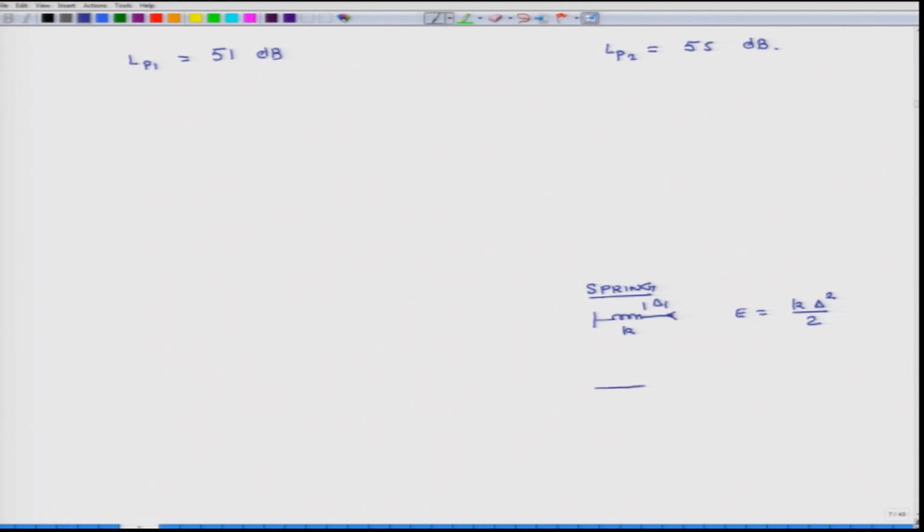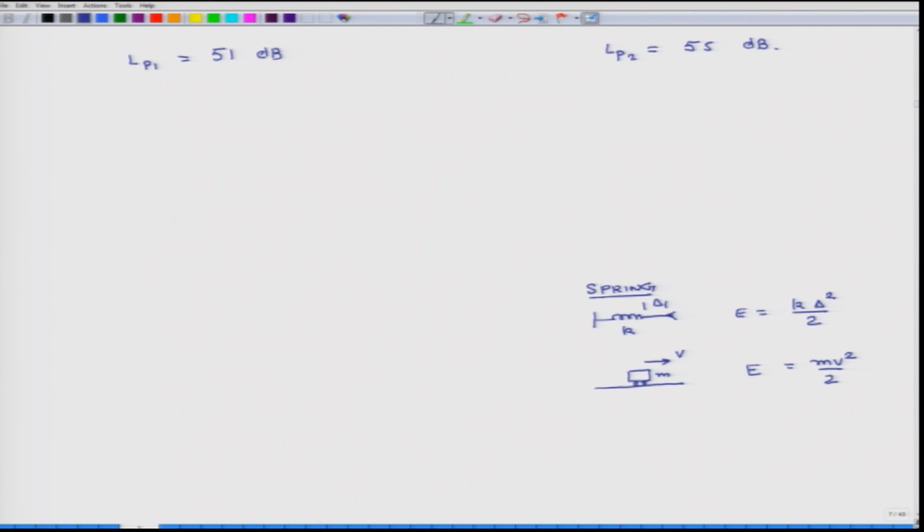Consider a mass m moving with a velocity v. What is the energy of this mass? It is mv square over 2.